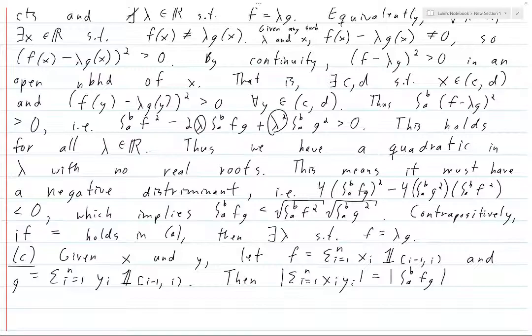But given that there's enough stuff in this problem that you need outside knowledge in order to prove, I'm not too worried about this. But anyways, by part A, this is less than or equal to the integral from a to b of f squared times the integral from a to b of g squared.